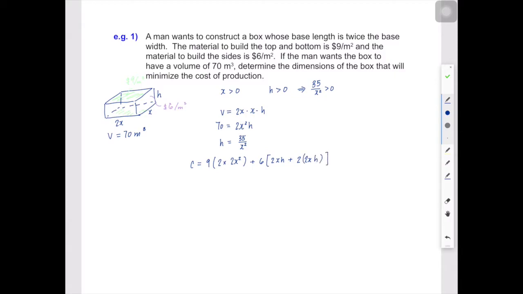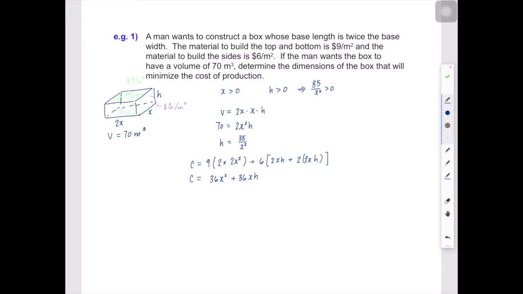Let's clean up this expression first. We have 9 times 2 times 2, so 36x squared. We have 2xh and 4xh, so that's 6xh, and 6 times 6 gives 36xh.